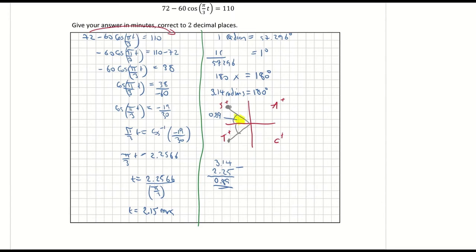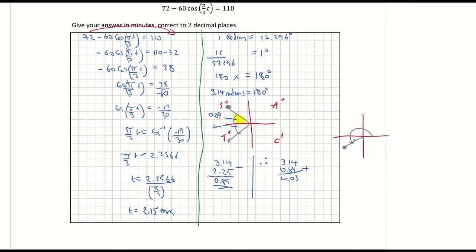So to get this angle then in here, I need to go my 3.14 plus my reference angle, 0.89, and that's giving me 4.03. So the size then, let me just sketch it out neatly here on a separate coordinate graph. So this angle in here, where tan is positive, this angle from here to here is 4.03 radians.